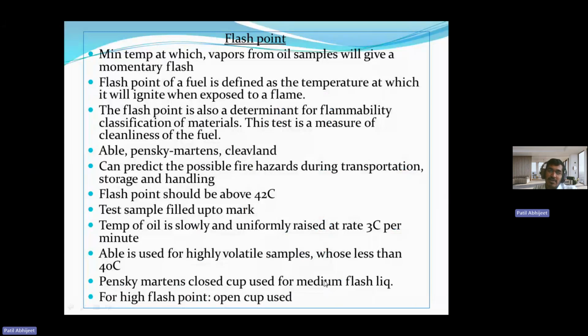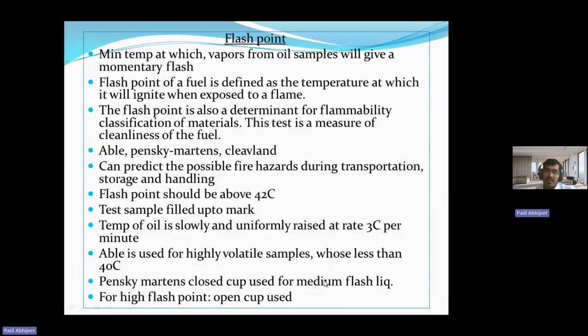The flash point gives the flammability of a mixture or of a single component, though mostly it is determined for a single component. These are very good properties, and we call this the cleanliness of that fluid.